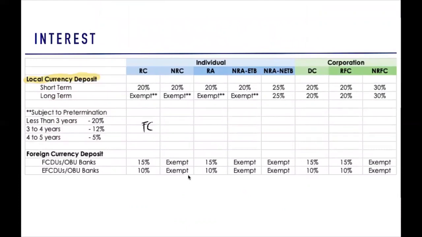So if that foreign currency comes from a resident, it is taxable. But if it comes from a non-resident, exempt.